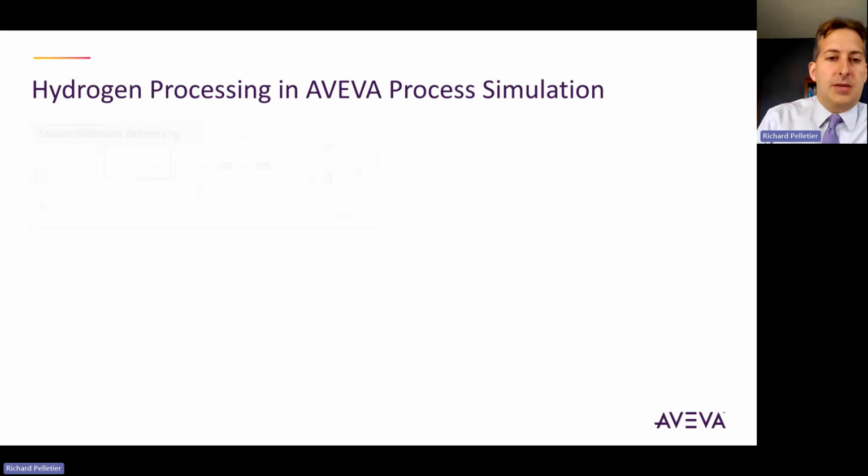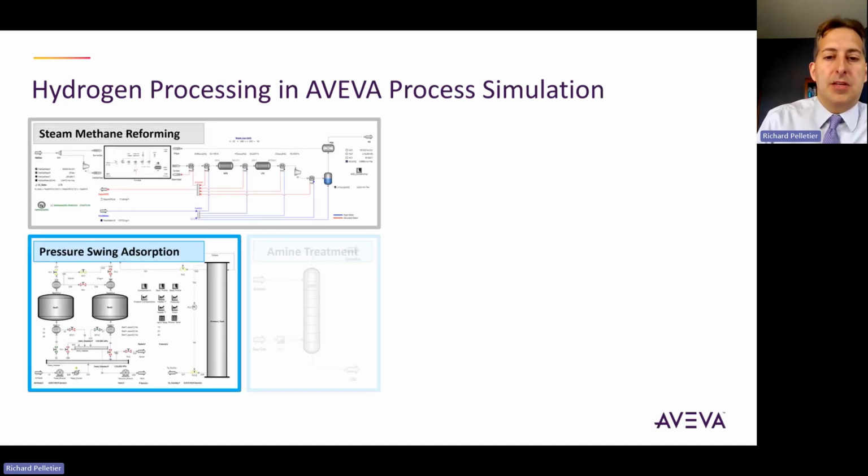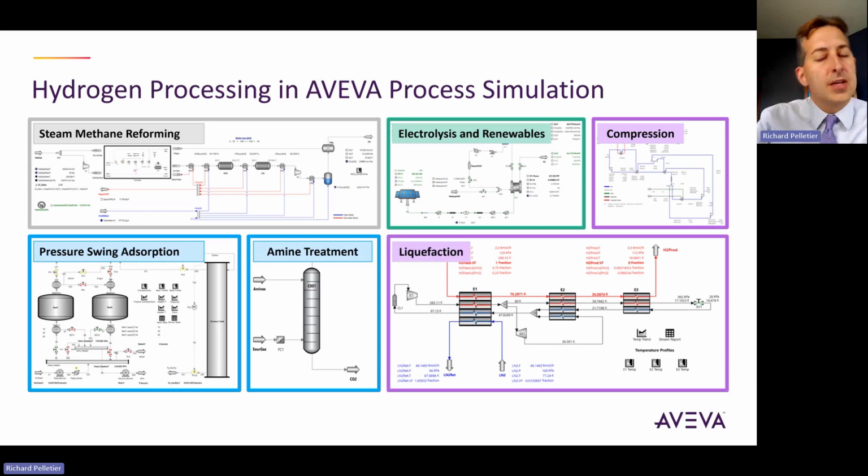When we look at some of the ways that Viva Process Simulation handles the different ways that you can do hydrogen production, I'm just going to show all these at once. You can see from here, and it's color coded to match those color codings that we just talked about. But we can handle all of it, right?